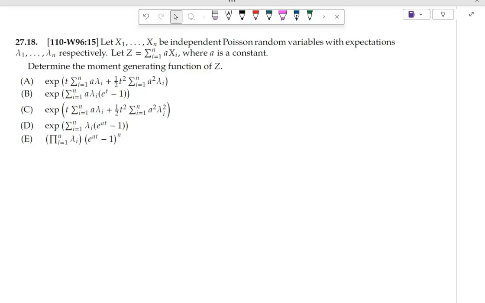Let's say the A weren't there to start with. And we'll play with what the A does here in a second. What if your W was just the sum of the X sub i's? What would your moment generating function for W look like?